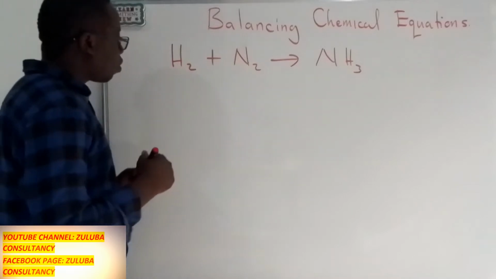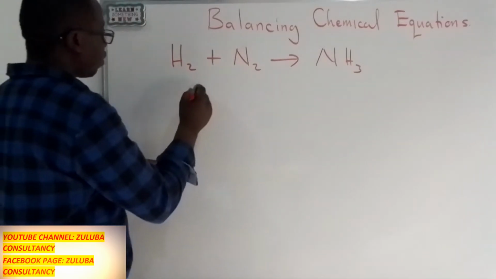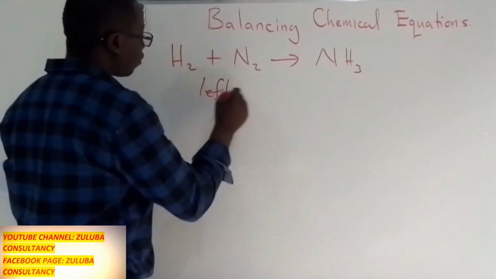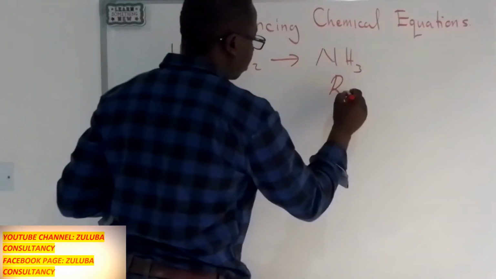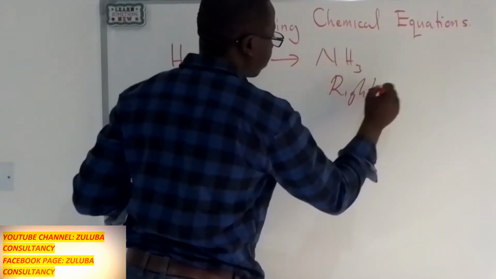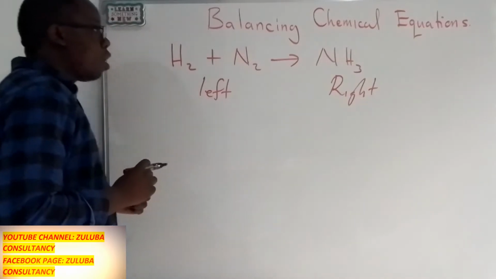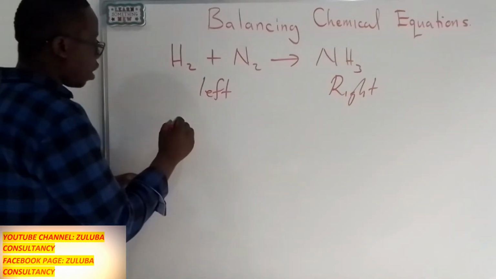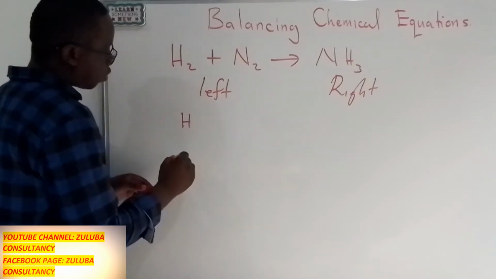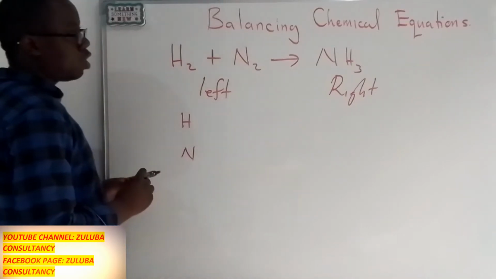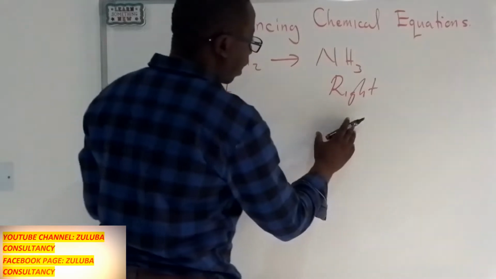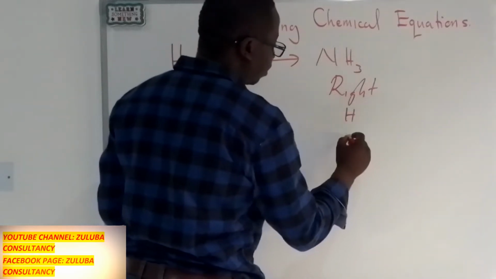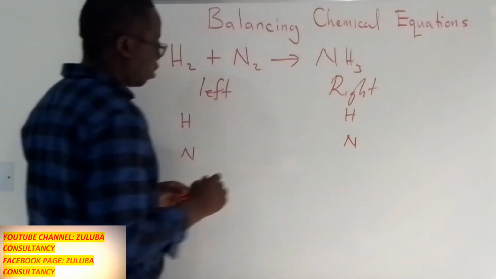So in this equation, we have the left side and the right side. Now, on the left side, you can see that we have hydrogens and nitrogen. Even this side, we have hydrogen and nitrogen.